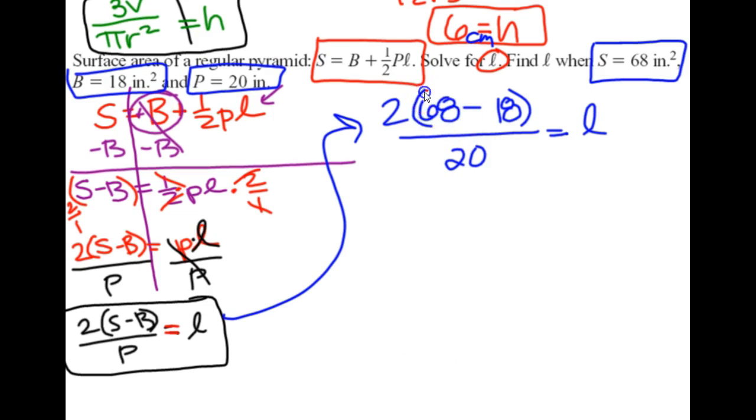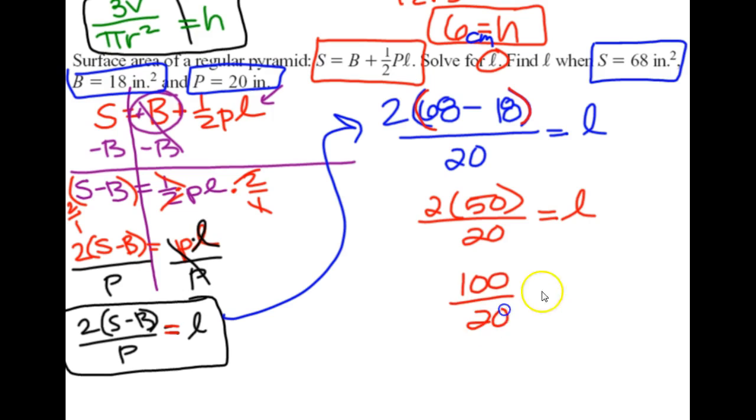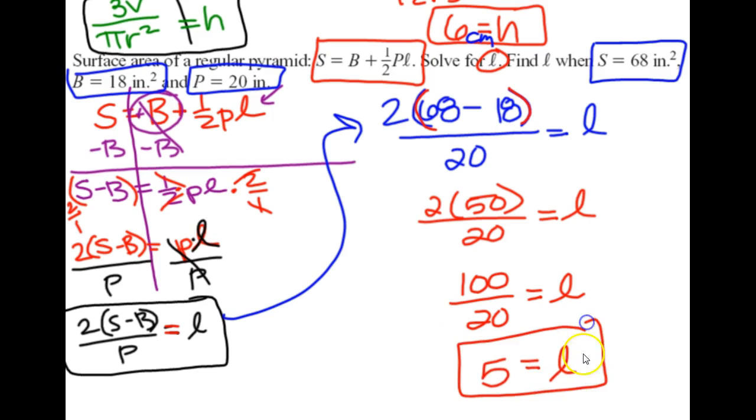So if we follow the order of operations, parentheses first, 68 minus 18 should give us 50. And then multiplying on the top, 2 times 50 would give us 100. And 100 divided by 20, 20 goes into 100 5 times. So our length is 5 inches.